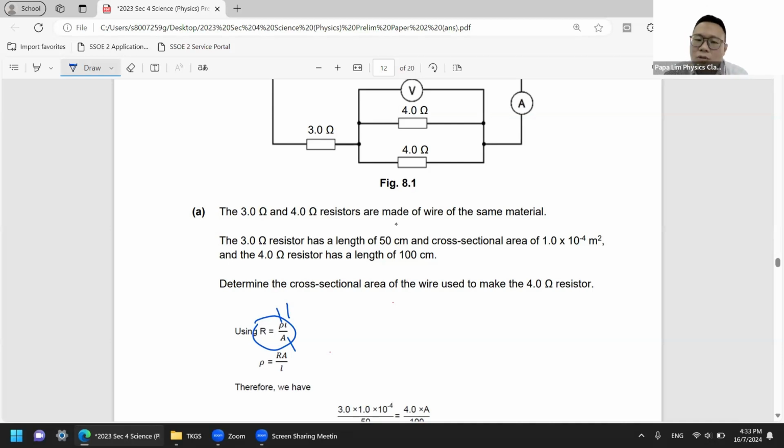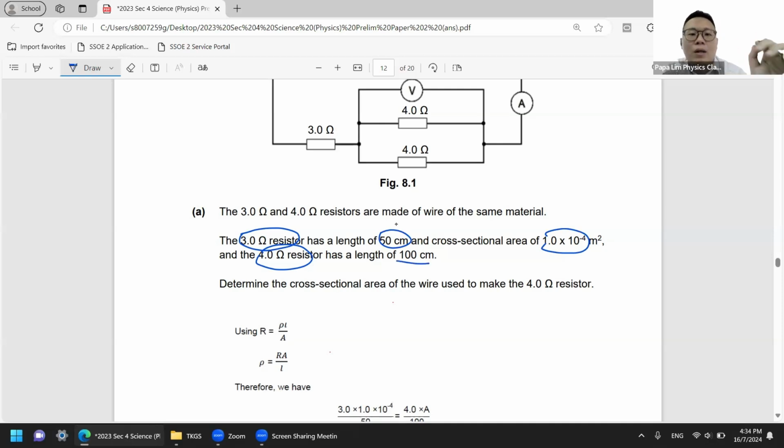That's the first version. The second version includes comparison, whereby I give you 3 different wires, 3 different resistors, and they have different characteristics, or some common characteristic between them. For example, the 3 ohm resistor has a length of 50 cm and a cross-sectional area of 1 times 10 to the power minus 4 meters squared. The 4 ohm resistor has a length of 100 cm.